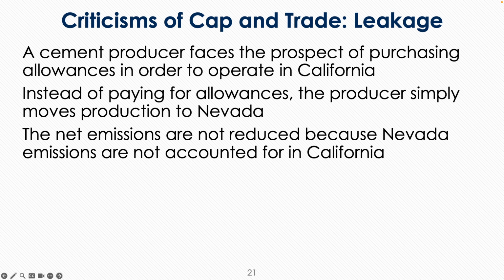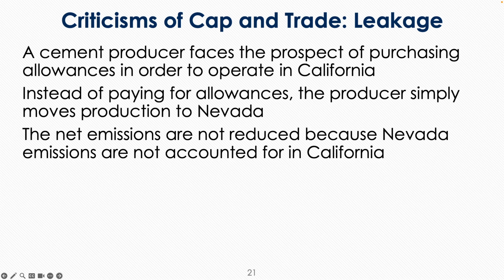Okay, another type of issue is known as leakage. This was particularly prominent in cement and concrete, I believe. The idea here is something like a cement producer. They are faced with the prospect of purchasing allowances in order to operate in California, right? And producing cement may lead to a lot of emissions.